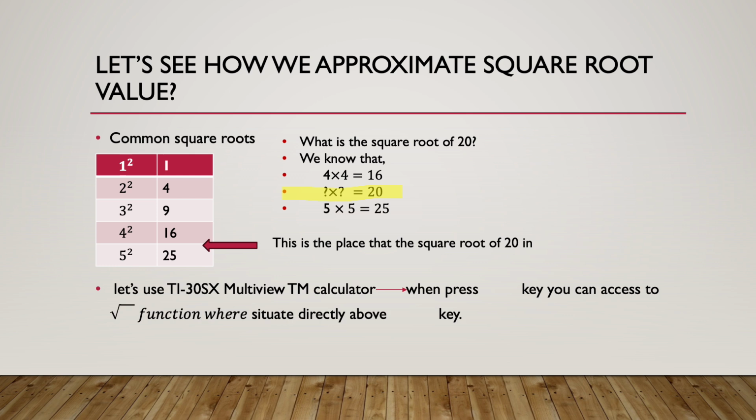This is the place between 4 squared and 5 squared that the square root of 20 must be in. So we are going to use the calculator, the TI-30XS MultiView calculator. Some kind of fancy calculator.